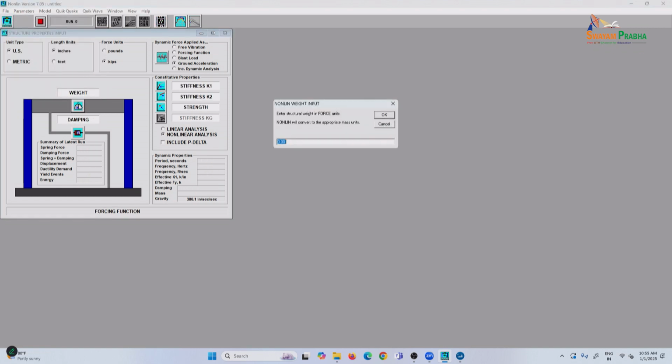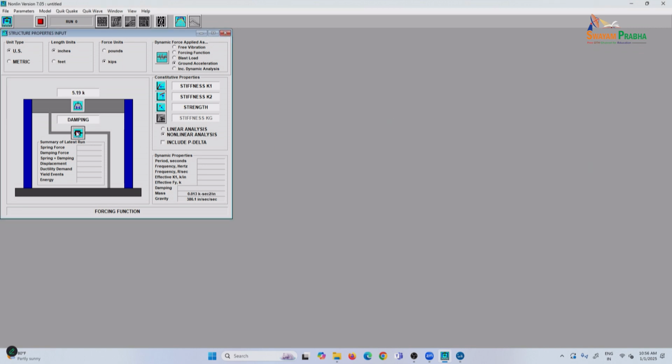So the weight that you calculated, how much? 5 point, you said? 5.6 you said? Or 5.19. So this is 5.19 kips. Then damping, let's say steel could be higher, but let's just try different damping ratios.